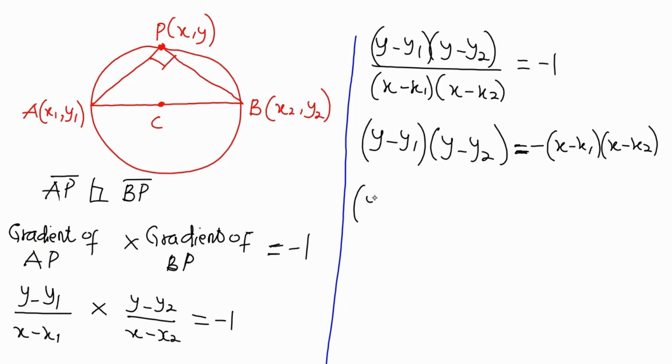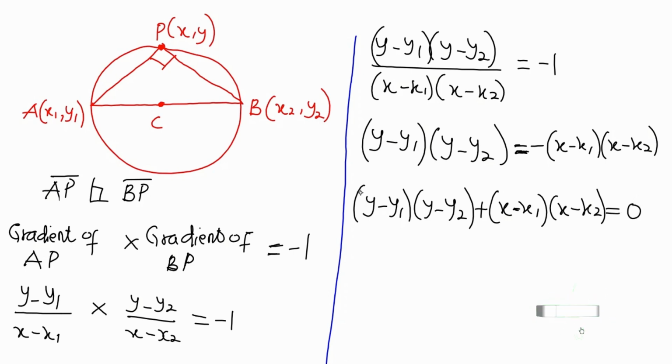So y minus y1 multiplied by y minus y2, plus x minus x1 multiplied by x minus x2, is equal to 0.